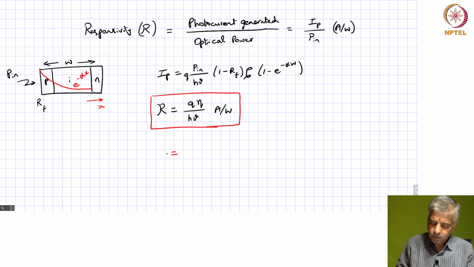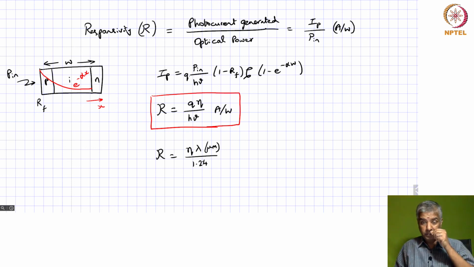So you will essentially see that R can be expressed as eta times lambda, where lambda is expressed in microns, over 1.24. If you work out the math, putting in Planck's constant and the values for Q and c, you come out with a round number of 1.24.